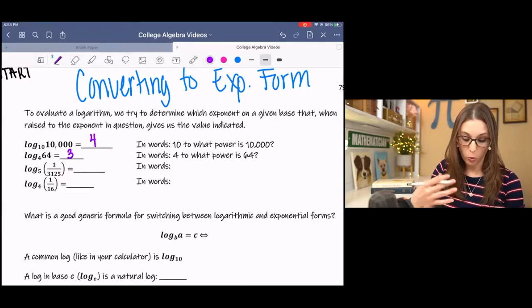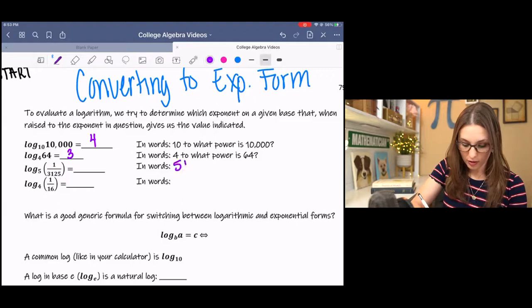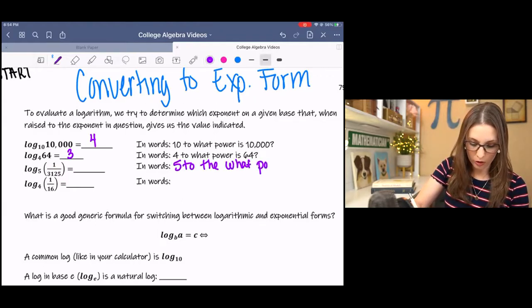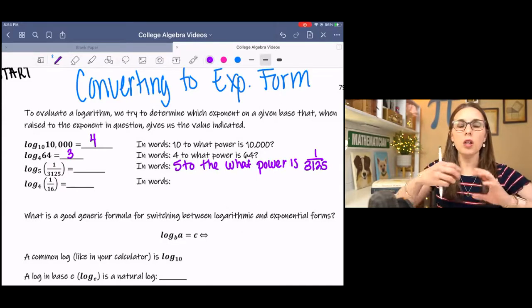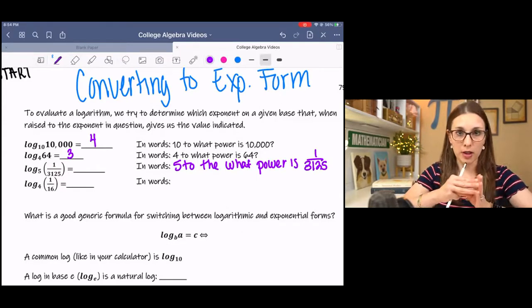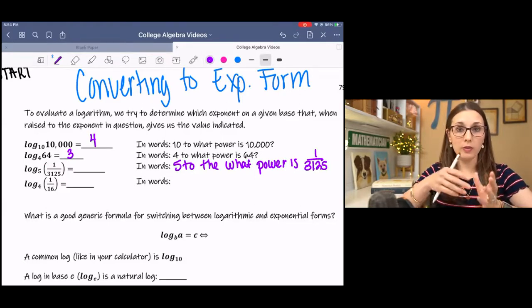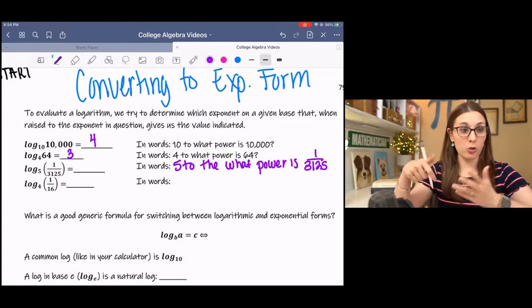5 to the what power is 1 over 3,125? Now the key here is you're focusing on the denominator, 3,125, and trying to figure out 5 to what is 3,125.